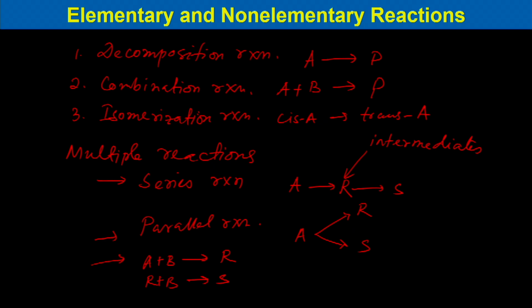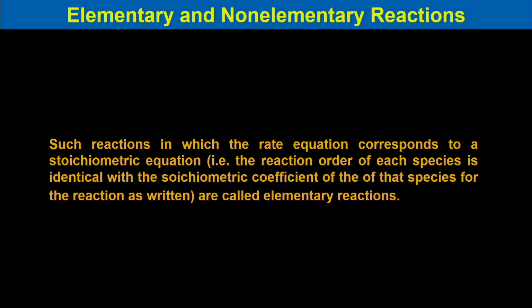Now, what are elementary reactions? If we consider the stoichiometric relation A plus B gives R, and we postulate that 1 mole of A reacts with 1 mole of B and produces R, then the rate of reaction we can write as k CA CB.